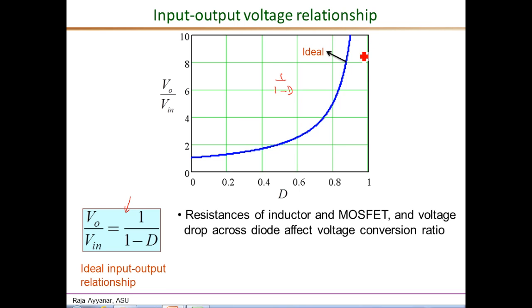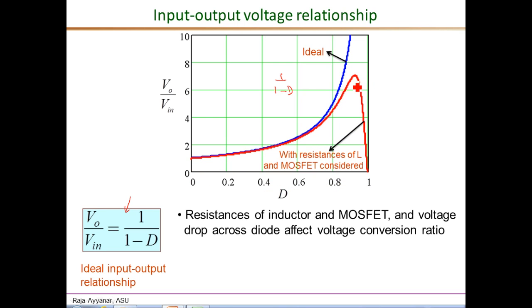But in practice, when we consider the non-idealities, especially the resistances of the inductor, the on-state resistance of the MOSFET, and the voltage drop across the diode, then the input-output relationship is going to be significantly different.